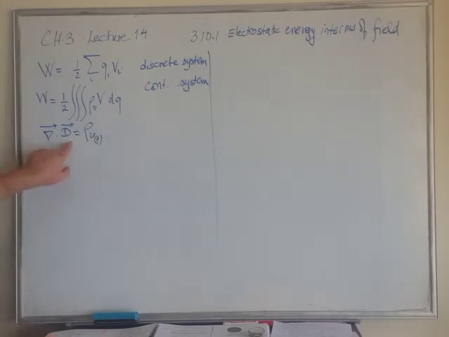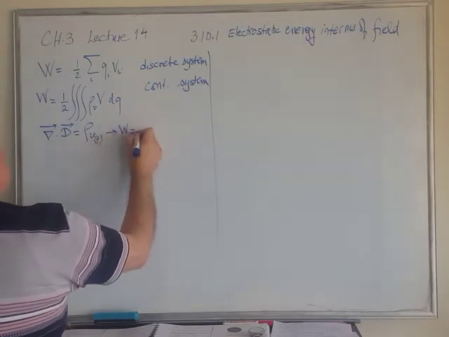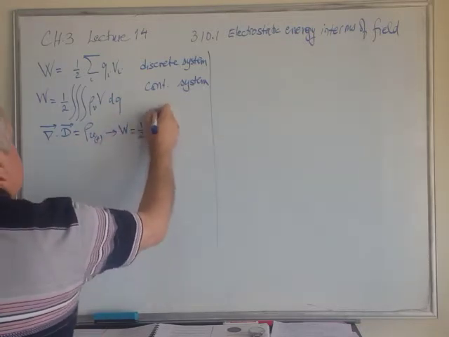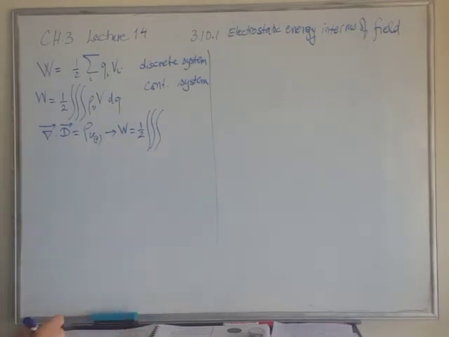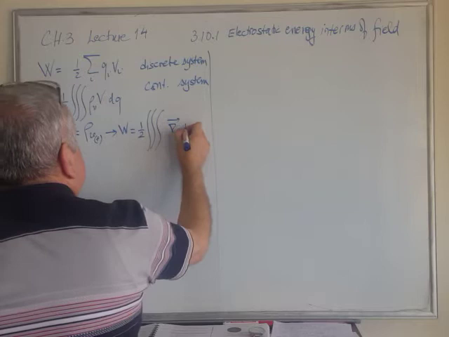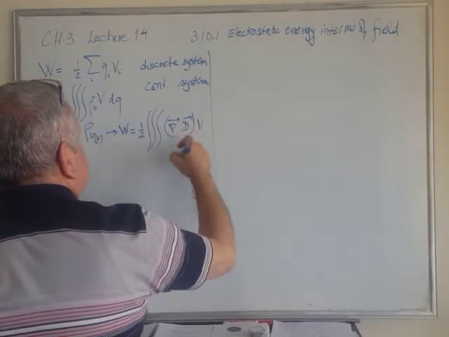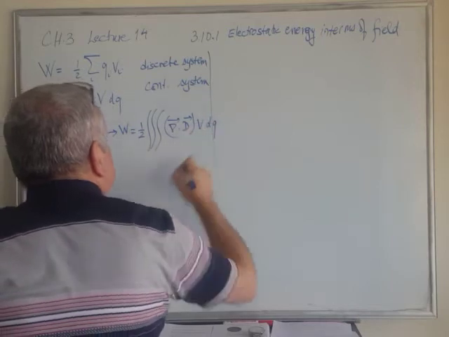So we can put here, instead of rho v, div D. So the energy will be half the triple integral of rho v, which is div D, times the electric potential V times dq.